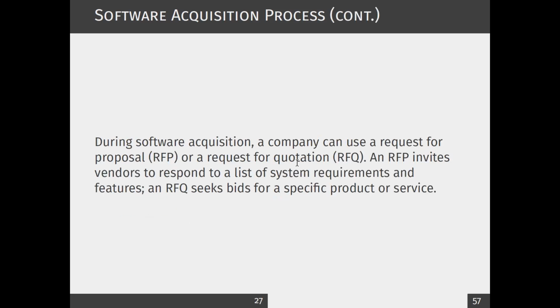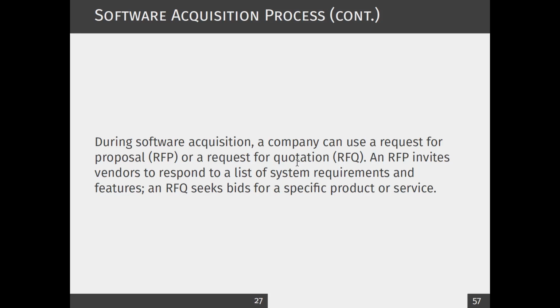Now, during software acquisition, you have to make a request for proposal or request for quotation. The idea is like this. Let's say you need a software system. Let's say we want to automate everything in the university. But sometimes we really don't know what we need, because as users, we sometimes don't know our requirements. So we can openly request our vendors to make proposals.